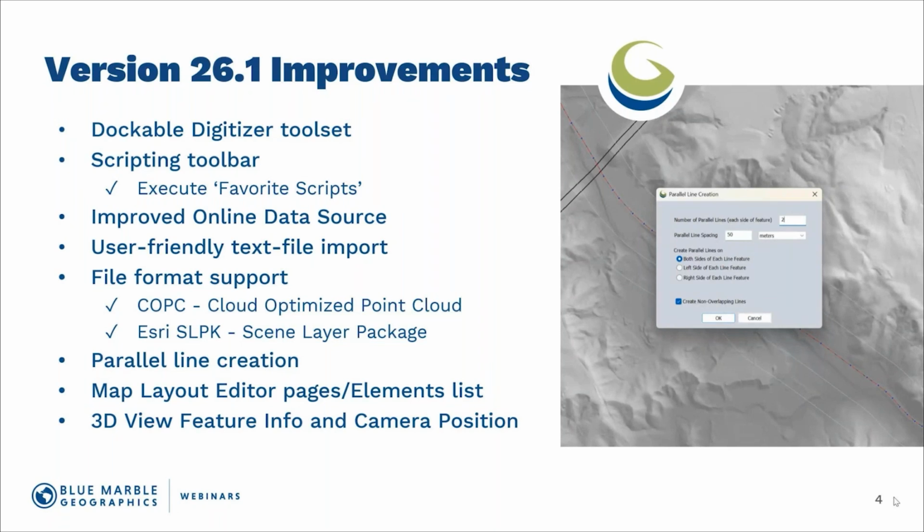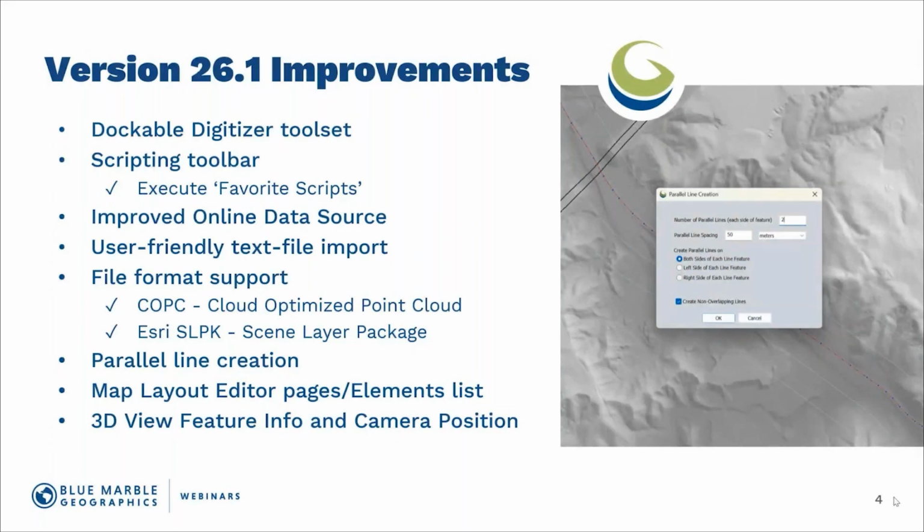In the Digitizer tools, we've added a method to create parallel lines from a selected line feature that we'll take a look at. And then there's a small improvement to the map layout editor where we've reorganized some of the page lists and elements lists, combining those two things so that you can better manage what's on a multi-page map layout.